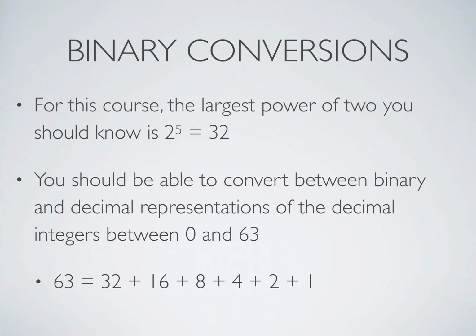Well, the largest number you can represent with a 1 in the 2 to the 5th spot, the 32s spot, in binary would be 1 1 1 1 1 1. It's 6 ones. There's a 1 in the 2 to the 5th spot, a 1 in the 2 to the 4th spot, a 1 in the 2 to the 3rd spot, a 1 in the 2 to the 2nd spot, a 1 in the 2 to the 1 spot, and a 1 in the 2 to the 0 spot, right? And that number is 63 in base 10.